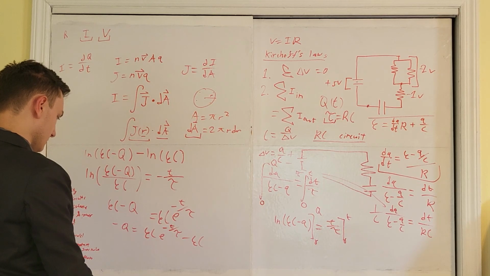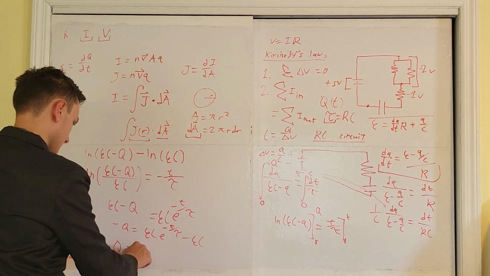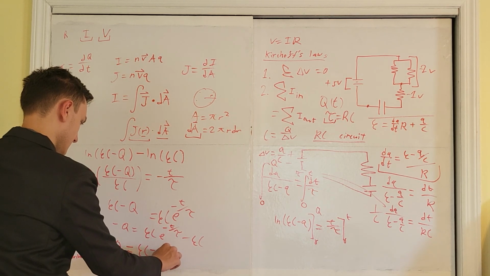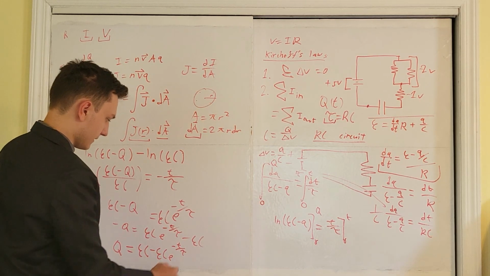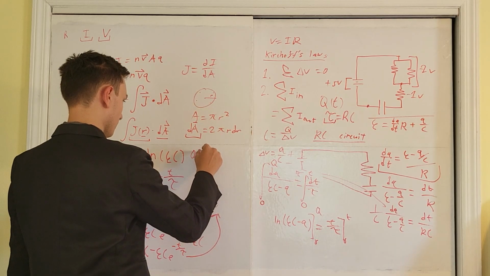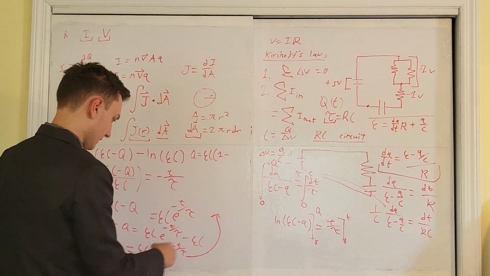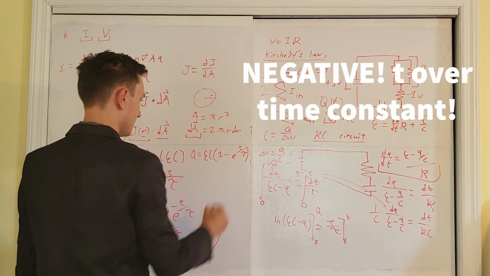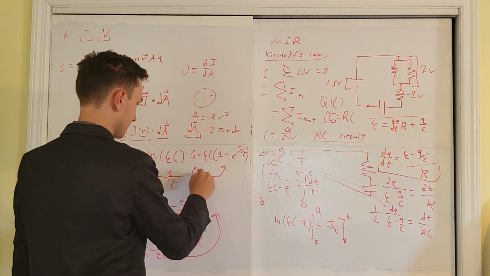And now I just need to multiply both sides by -1 to get my charge Q equals epsilon C minus epsilon C times e to the -t over time constant. And this I can write in a much neater form as Q equals epsilon C times 1 minus e to the -t over time constant. That, therefore, is my Q as a function of time, right there.